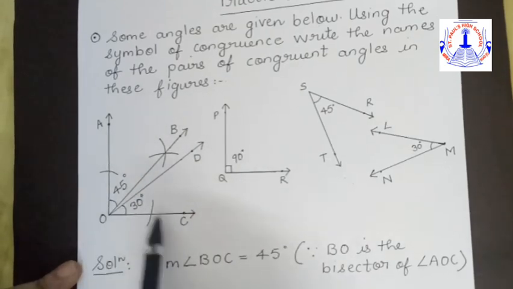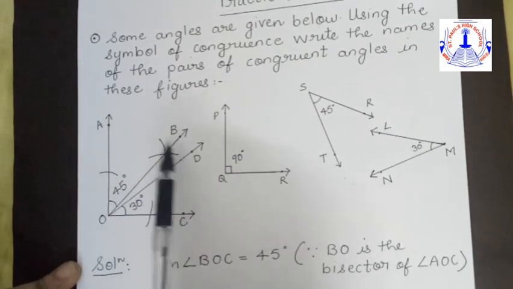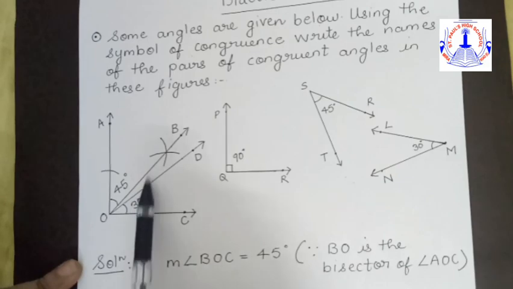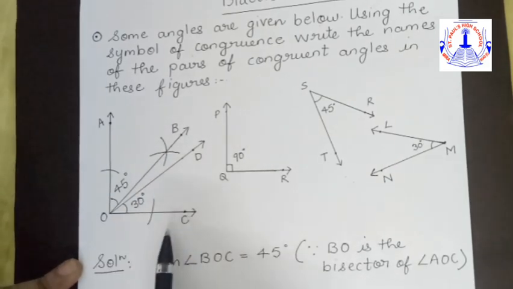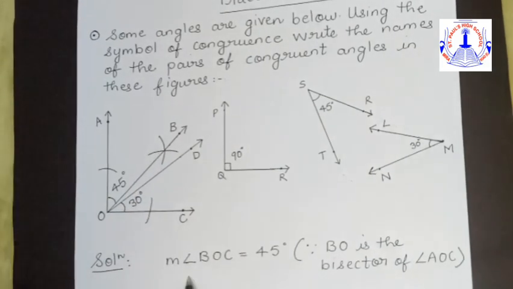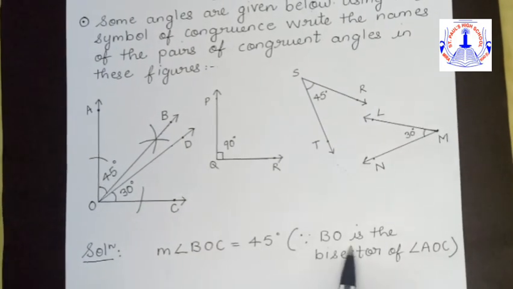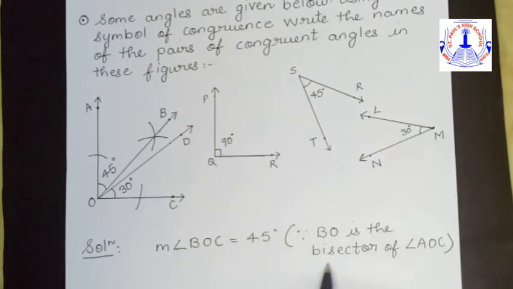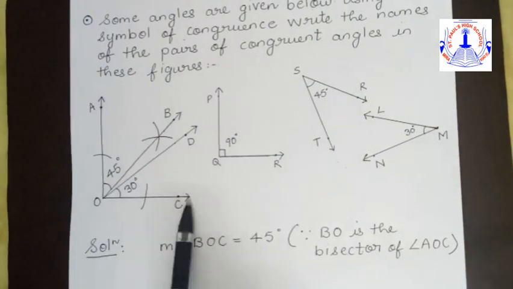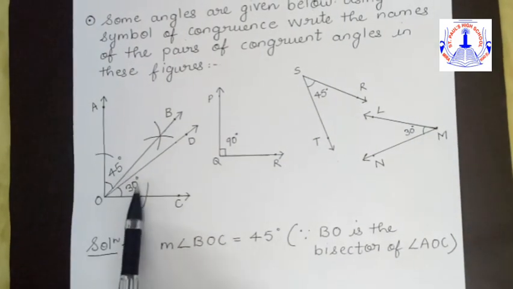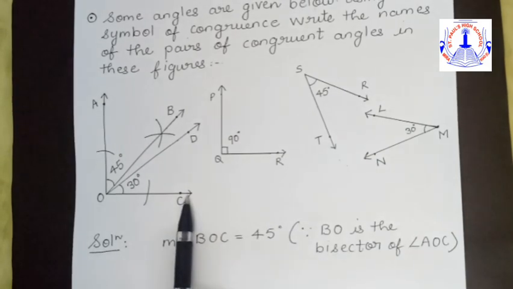Bisector means it divides the angle AOC into two equal angles. That is, BOC will be equal to AOB. Then if BO is the bisector, BOC will also be 45 degrees. So here we will write measurement of angle BOC is 45 degrees, since the reason is BO is the bisector of the angle AOC. So this is 45 and BOC will also be 45.